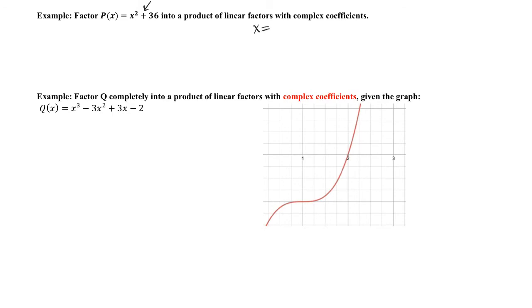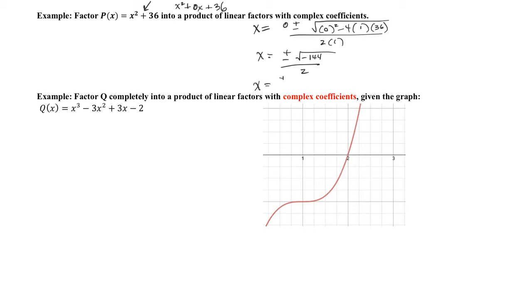So x equals negative b. B here is 0, right? If I rewrote this in standard form, it'd be x squared plus 0x plus 36. So b is 0. So 0 plus or minus the square root of 0 squared minus 4 times 1 times 36, all over 2 times 1. So x equals plus or minus the square root of negative 144 divided by 2.